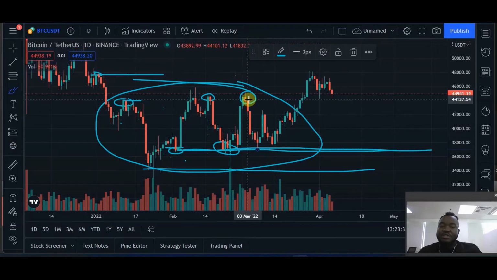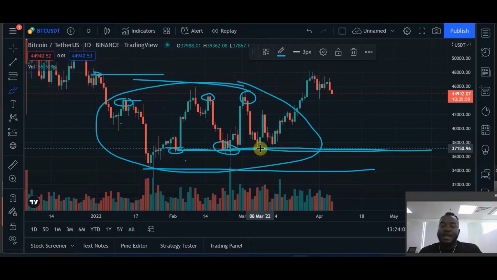You can decide to wait for this asset to fall here because you know that it will fall to here. Then we can decide to place another buy order right here at 37,150. Now we place our buy order right here and wait. We place our buy order right here, and this coin repeats the same thing.